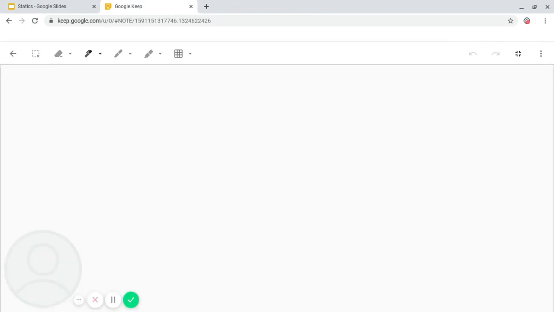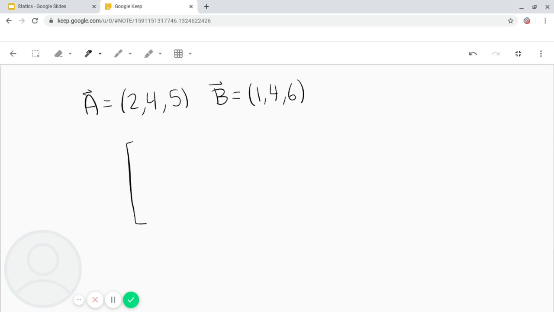So we have A is equal to 2, 4, 5, and B is equal to 1, 4, 6. So then we can put this into the matrix. So I, J, and K, or sort of the X, Y, and Z cardinal directions there.